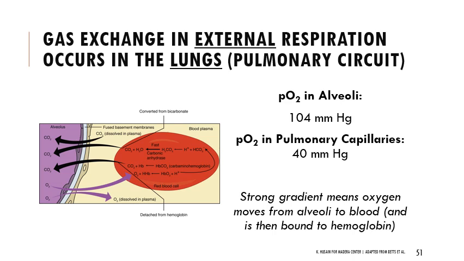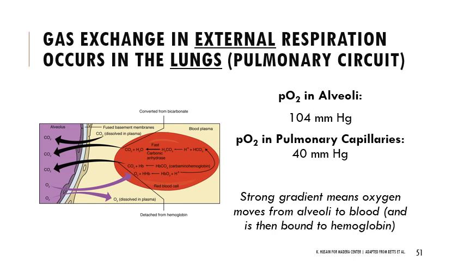Remember that this is different from the total pressure. We saw that the total pressure in the alveolus is about 760, but just of oxygen is 104. In the pulmonary capillaries, this deoxygenated blood has a partial pressure of about 40 millimeters of mercury. So we have a very strong concentration gradient. Oxygen is going to readily move from the alveoli to the blood and then be bound to hemoglobin.